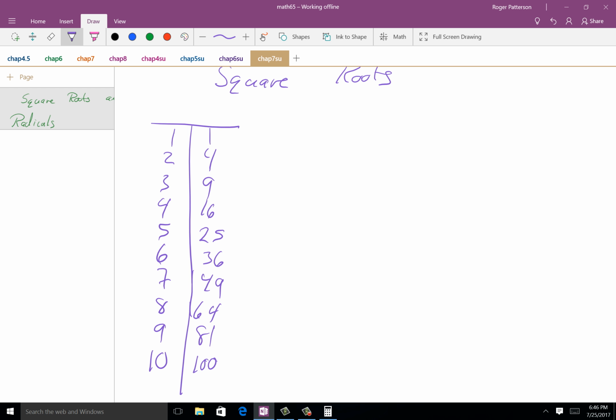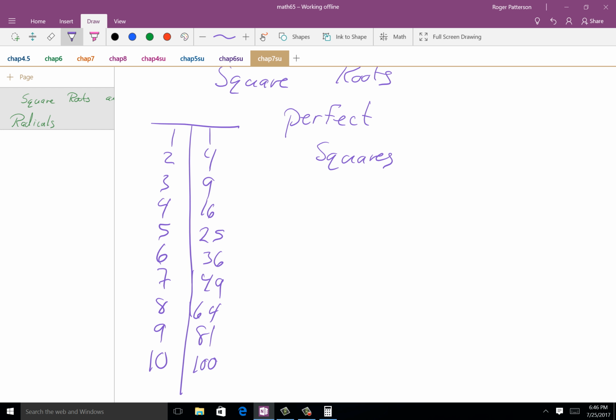Okay, so these are our perfect squares, they're called. And when simplifying, you need those. We need to know what they are. Not so much the left-hand column, but definitely the right-hand column.